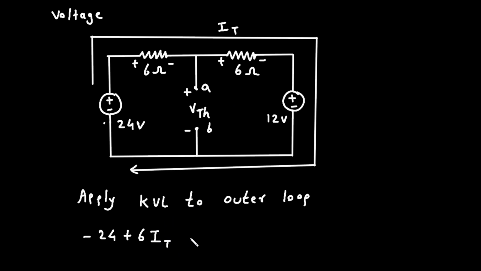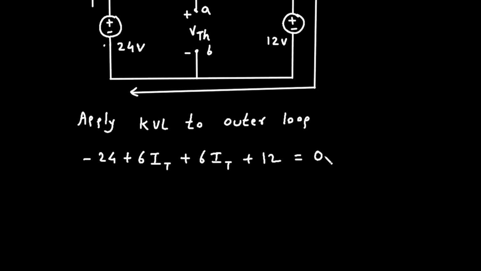then plus 6 into IT, then plus 12. Now here the loop is completed, so it is equal to 0. Now let's solve this.